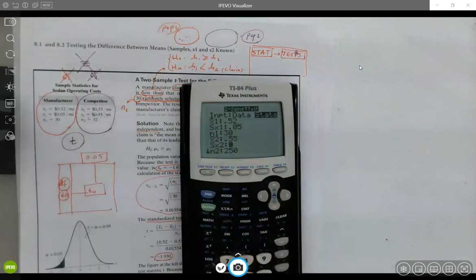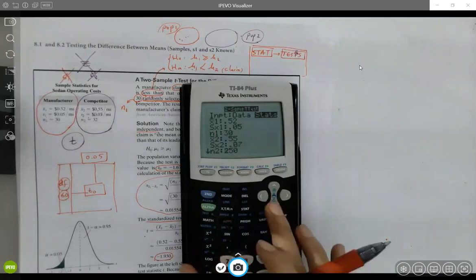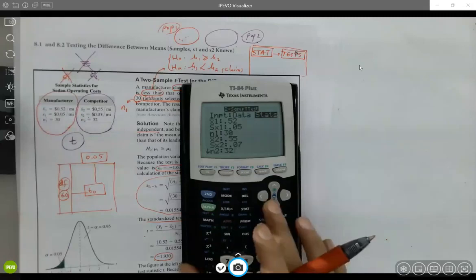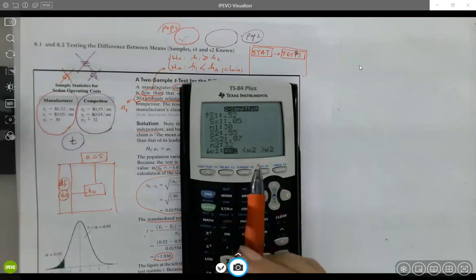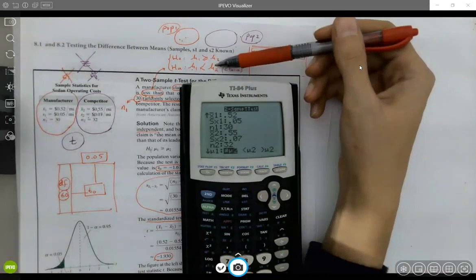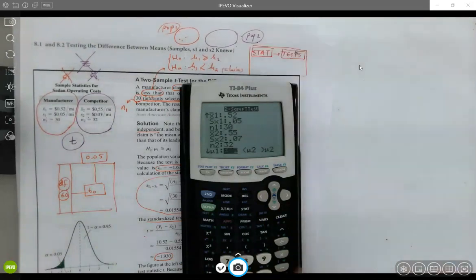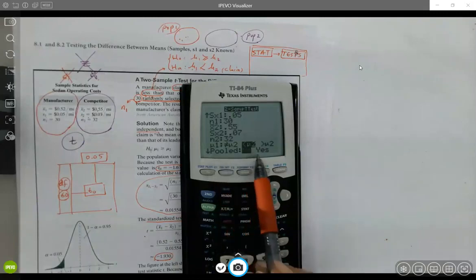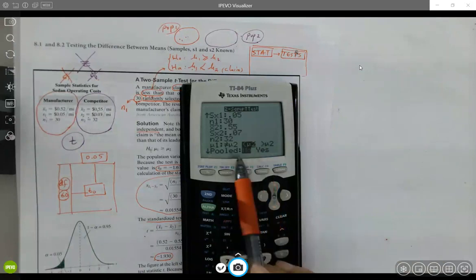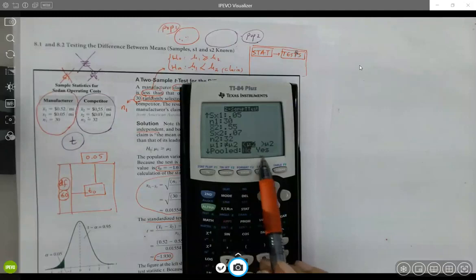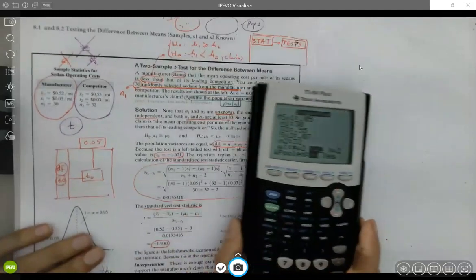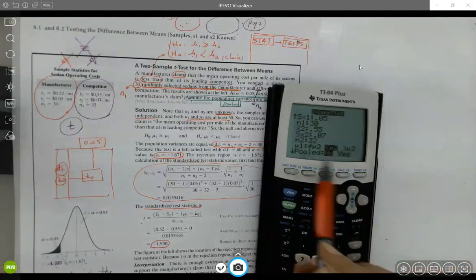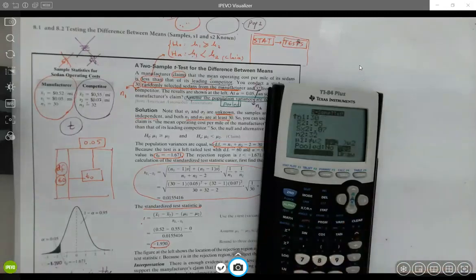Standard deviation of the second sample, 0.07. N2 is 32. Okay. Remember that your mu1 is less than mu2, the middle one. Next, is this pooled or not pooled? Which case is this? Pooled, very good. So it is pooled. Yes, and calculate.